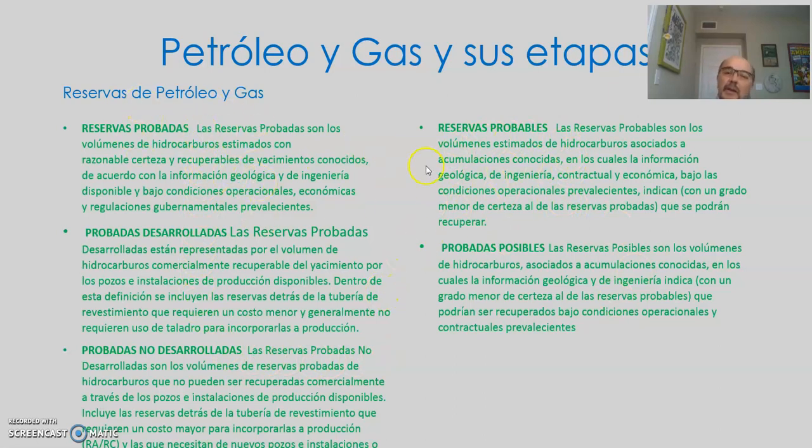So as long as you have good information, you are in this part of the picture, and it gets worse when you don't have good information. And if you want to move from here to here and convince the government about your reserves, you need to take information, drill wells, and have the facilities to produce those reserves.